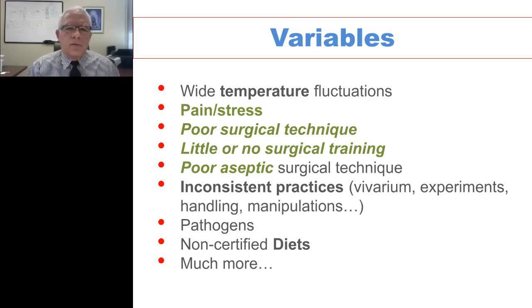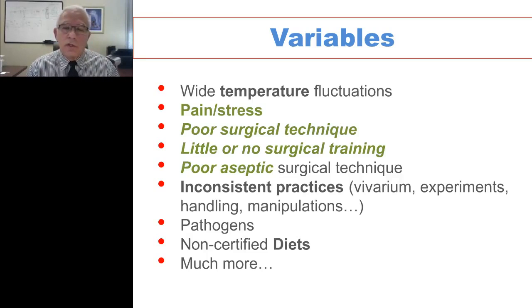So let's talk about a few of the variables. Variables can come from temperature fluctuations. That's why in our facility we have tight controls on temperature and humidity. Other variables are pain, stress, or surgical technique, little to no surgical training.